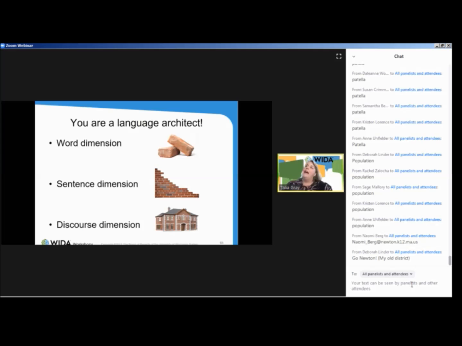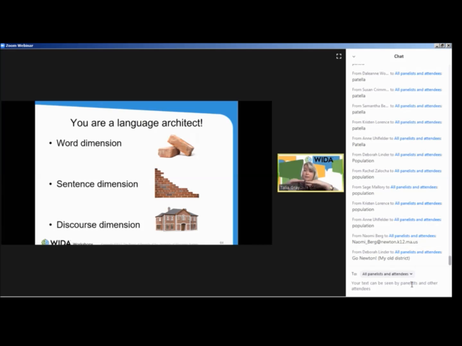I know my own personal experience when I was a beginning teacher, I thought that it was so important to teach vocabulary, and it is. I introduced vocabulary. We did picture dictionaries. We talked about what the word means, and I would give them an example of the same word in their native language. And the more that I study this academic language chart, the more I realized that I was throwing bricks at those kids.